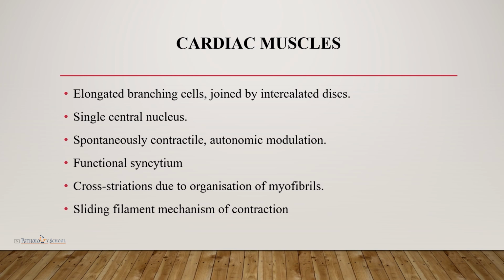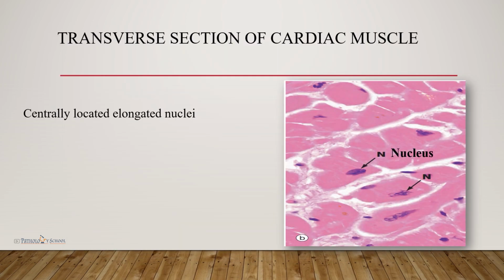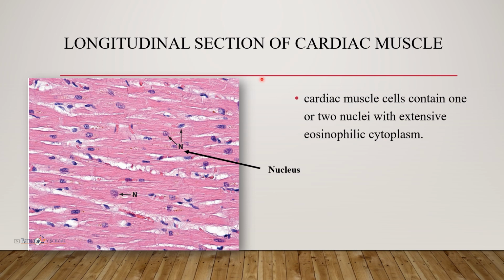Now, in this diagram, we can see this myocyte, which is branching with a single central nucleus, and these are the intercalated discs. In the transverse section, we can appreciate the centrally located elongated nucleus. In this longitudinal section, we can appreciate the nucleus with eosinophilic cytoplasm.